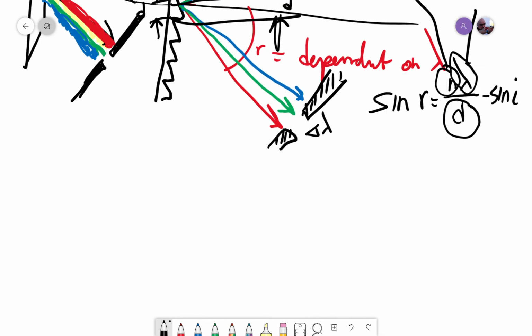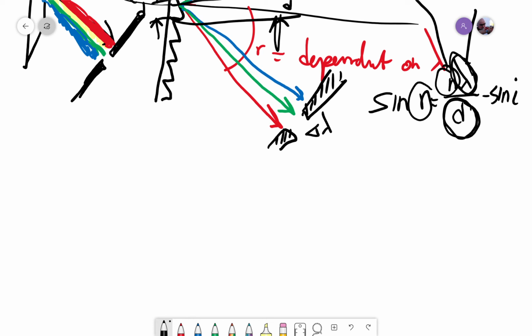From this equation, though, you can see that the angle of reflection is dependent upon the wavelength, inversely proportional to the size of the slit that it's going through.